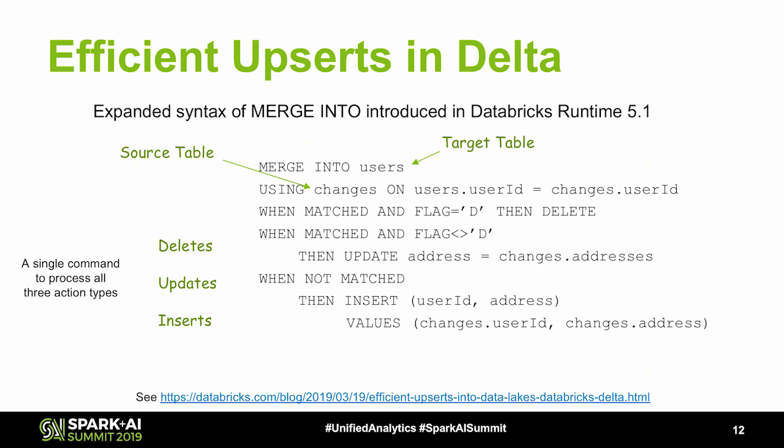And users frequently change addresses, and those are your updates. You sometimes have new users, those are inserts, and occasionally you may be asked to purge a bunch of users for various compliance reasons, those are your deletes. And the extended merge allowed us to support all three of these CDC record types.